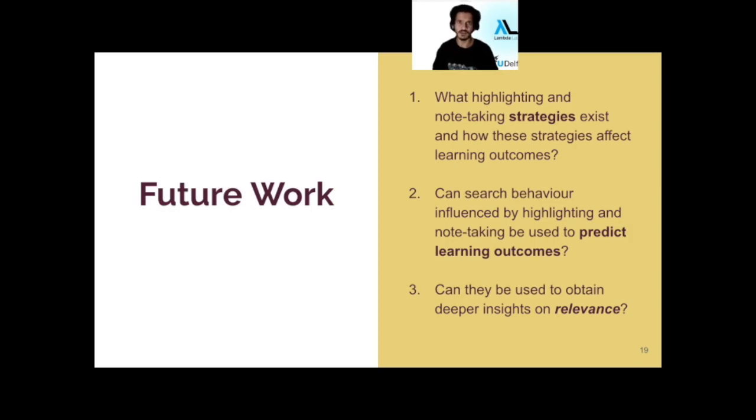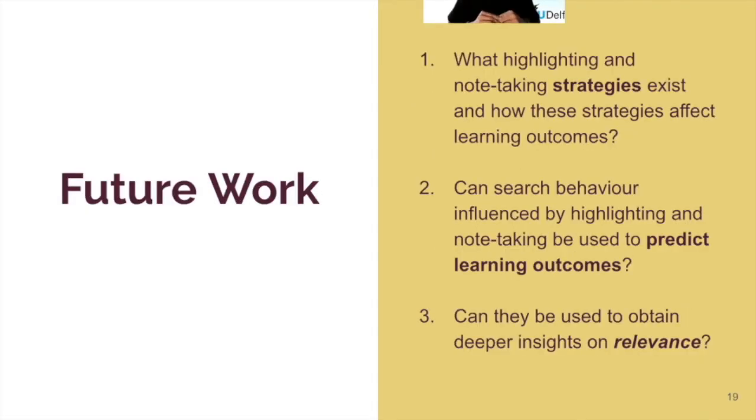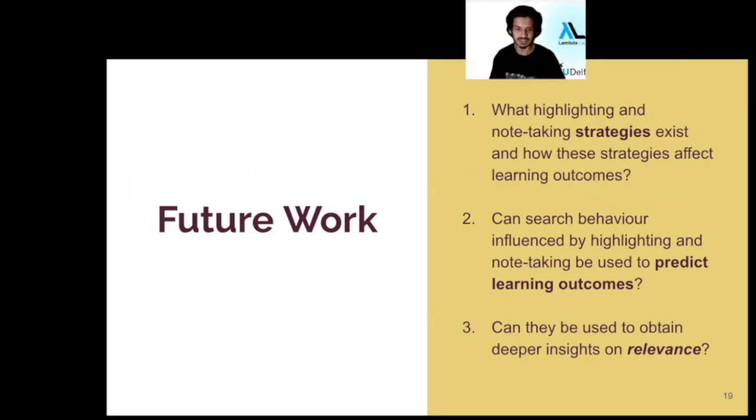Can we say how much knowledge a user has on a particular topic based on their search behavior? And the last one is if we can take these highlights and notes to understand what parts of documents are relevant to the users in this search learning context, which gives us much more insight into this complex concept of relevance in information retrieval.